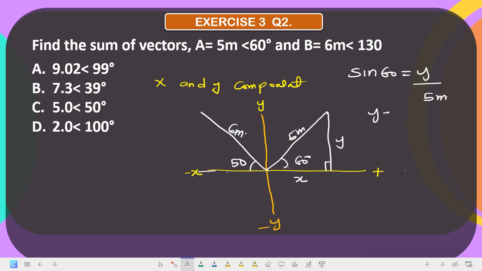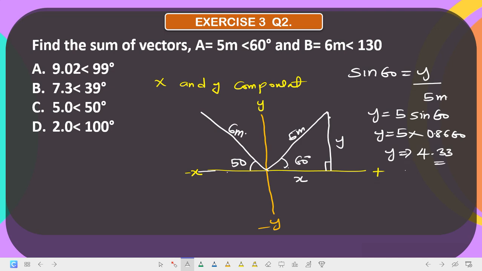So y will be equal to 5 sine 60. And then y will be equal to 5 times sine 60, which is 0.8660, and then finally you are going to have 4.33.